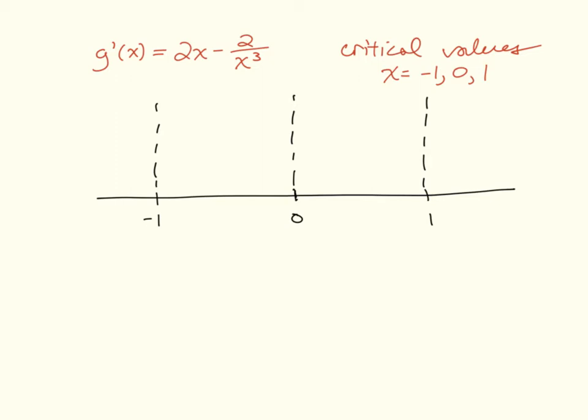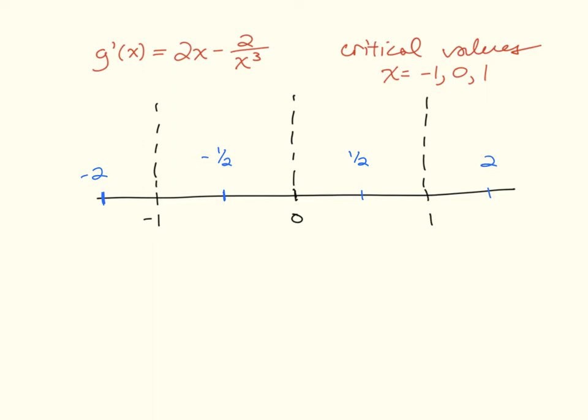So in order for us to figure out what each interval is doing, we need to pick a test value. So I'm going to pick -2, that is less than -1. I'm going to pick -1/2 in here between -1 and 0. I'm going to pick a positive 1/2 over here. And to the right of 1, I'm going to pick a positive 2.